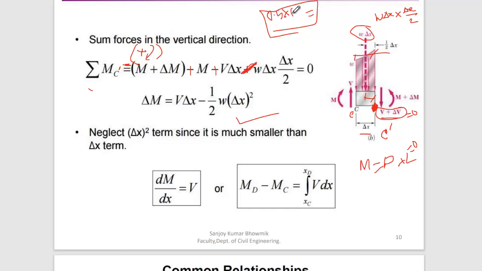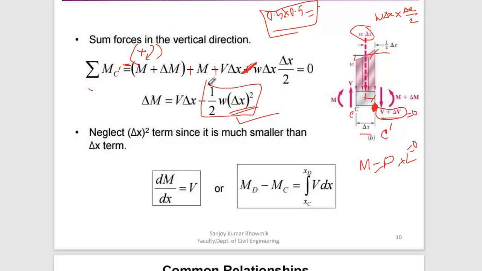If you multiply 0.5 into 0.5, you get 0.25, so the value gets smaller. As del x is a very small value and it is squared, it becomes even smaller, and a smaller value multiplied with this term becomes smaller still.